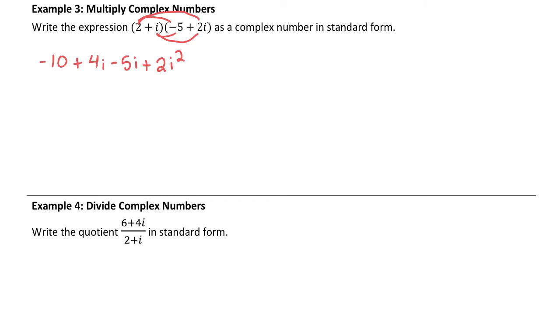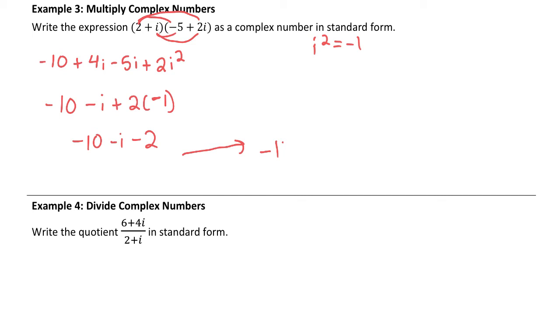So to simplify this is negative 10, minus 1i, or just minus i, plus 2i squared. What we've got to remember is that i squared is negative 1. So this is really 2 times negative 1. So I've got negative 10 minus i minus 2. So if I'm writing this completely simplified in standard form, this would be negative 12 minus i.